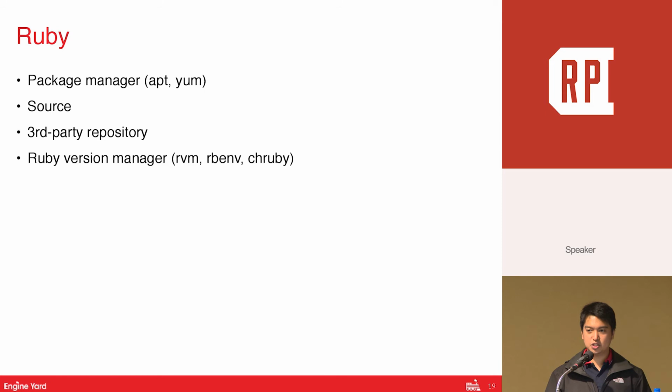Those things you should read up on and decide, instead of just copying what the other guy is doing. So you have to make that decision and choose which one you want.